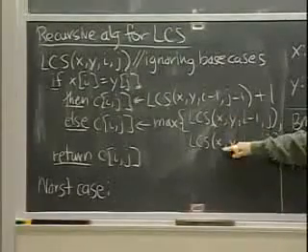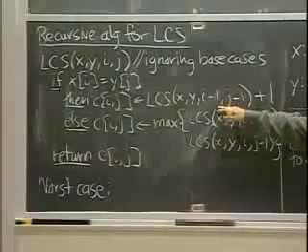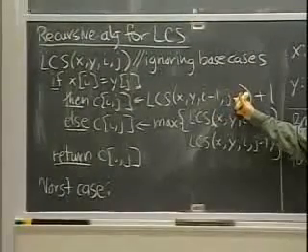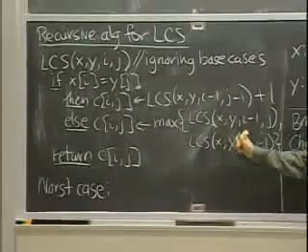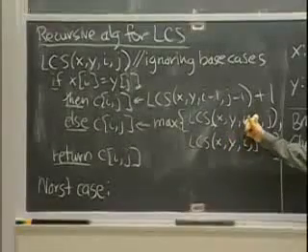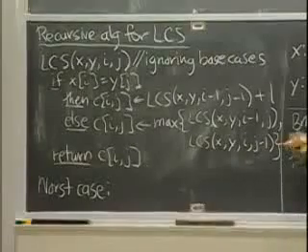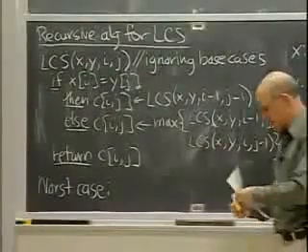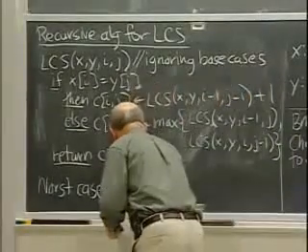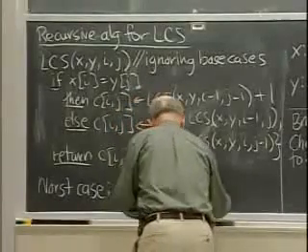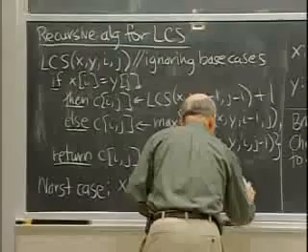Yeah, you're doing two LCS subcalculations here, and here you're only doing one. Not only that, but here you get to decrement both indices, whereas there you only get to decrement one index, and you have to calculate two of them. So that's going to generate the tree. In the worst case, x of i is not equal to y of j for all i and j.